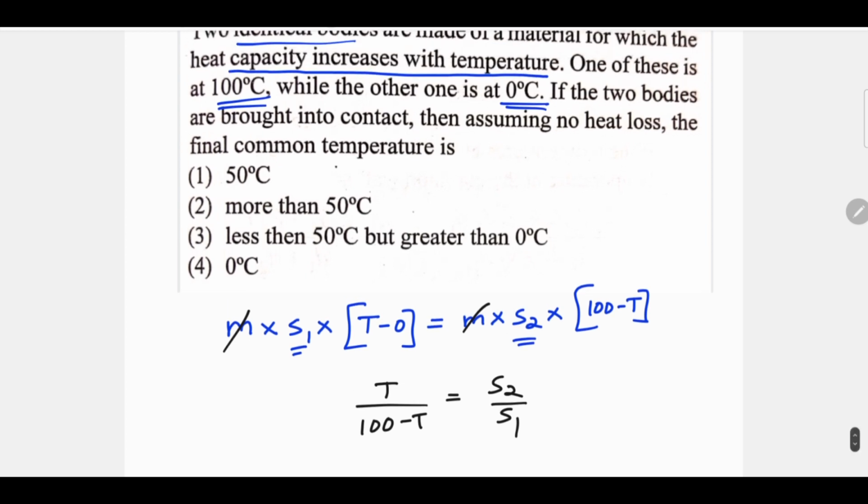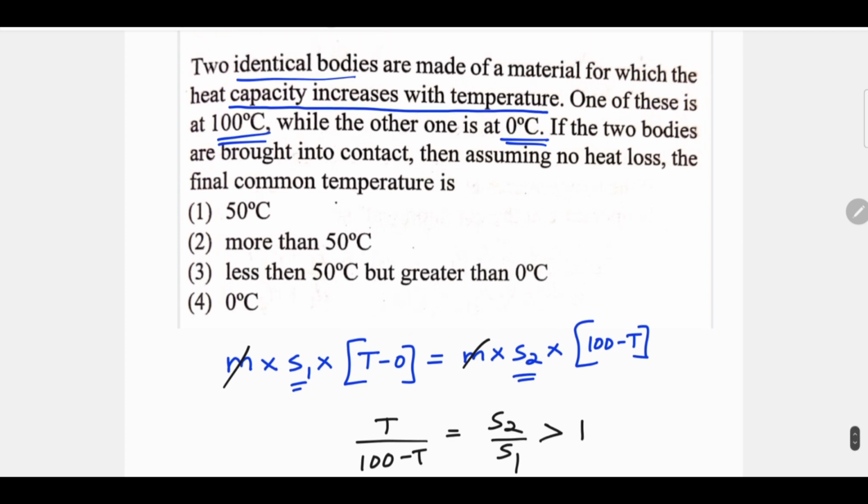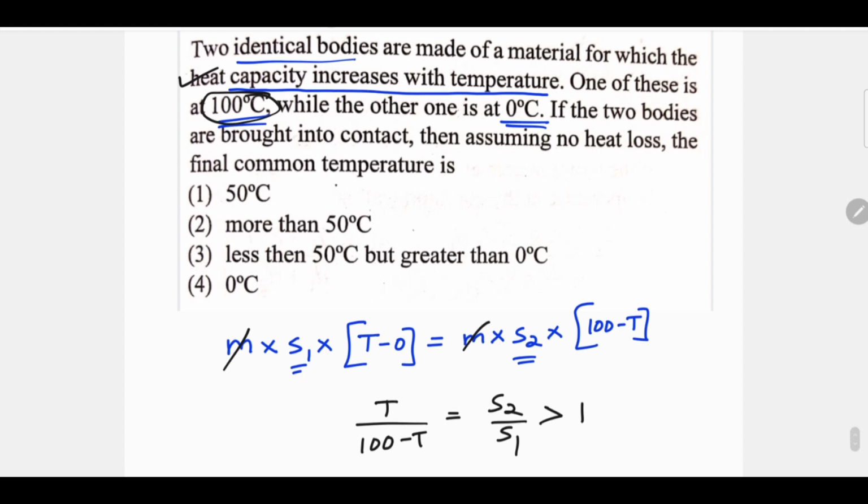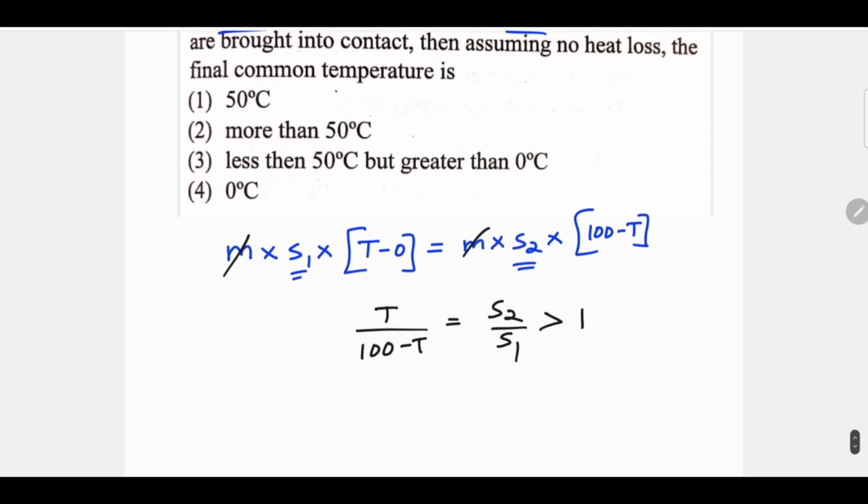Now S2 is greater than S1. So S2 by S1 is greater than 1 because S2 is associated with 100 degrees Celsius and S1 is associated with 0 degrees Celsius, and the specific heat or heat capacity increases with the temperature. That is the point given in the question. That's why I have written here S2 by S1 is greater than 1.